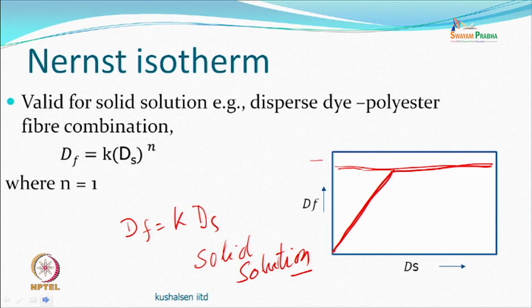So, the partition coefficient will shift towards the solvent and not towards the fiber, and that is the reason why, although dispersed dyes are not water soluble, we still would dye from aqueous systems, right. So, it is good that more dye goes into the fiber rather than it stays in the solution.